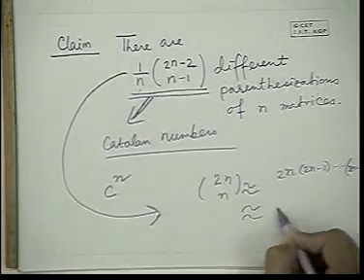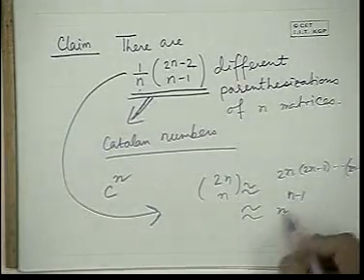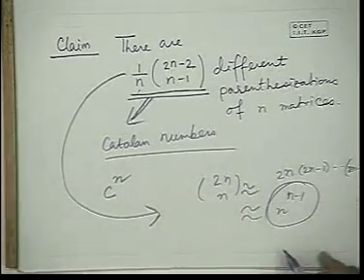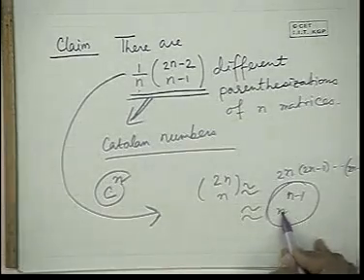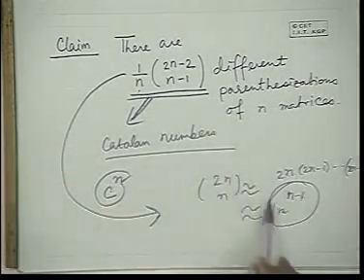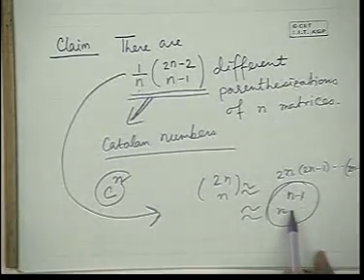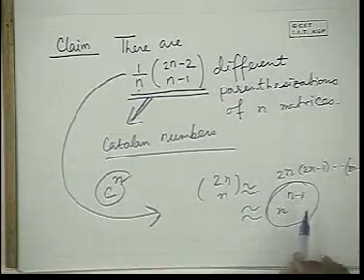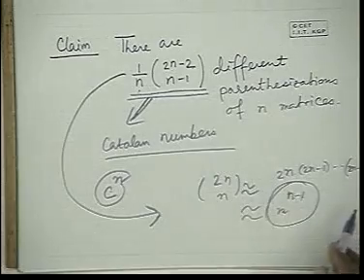So this is very large. Here I said some constant to the power n, but actually it is about n to the power n over 2. This is the Stirling formula. The entire point is that it is exponential, and I do not want to know exactly what the exponent is.